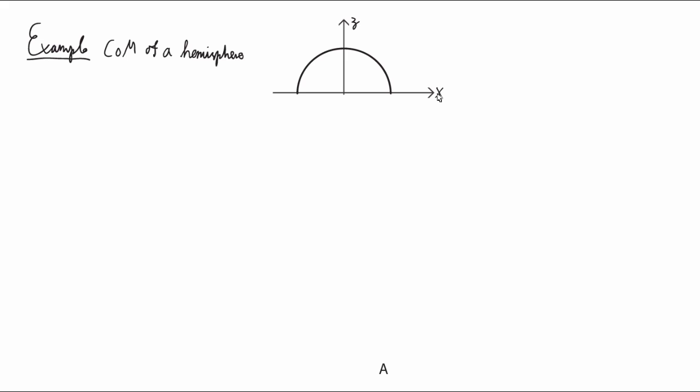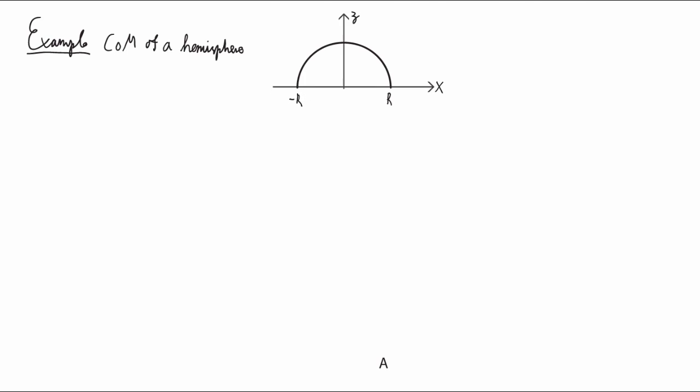This is seen with the xz plane head on. You have to imagine that this object is symmetric around the z-axis, so that it's really a hemisphere, not just a half disk. We're going to say that this has the radius R, so that this is coordinate plus x in the x direction, and over here we have minus x.